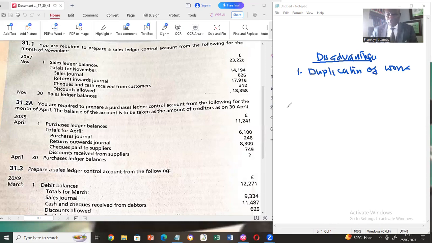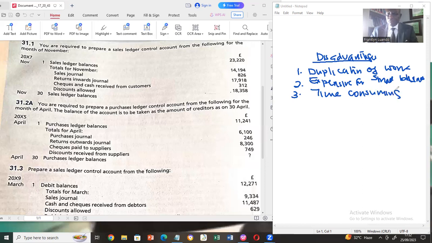That's duplication of work. Number two, the process is expensive for small businesses. Number three, time consuming. So basically those are the disadvantages.